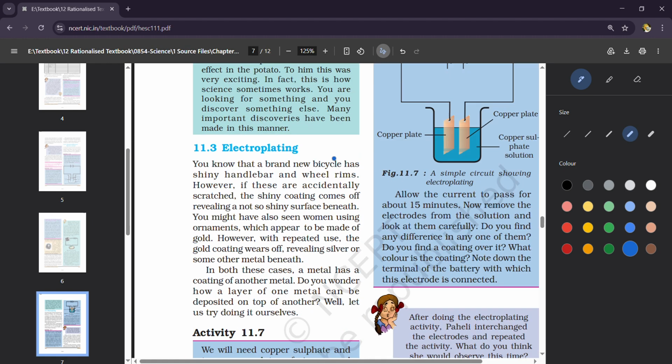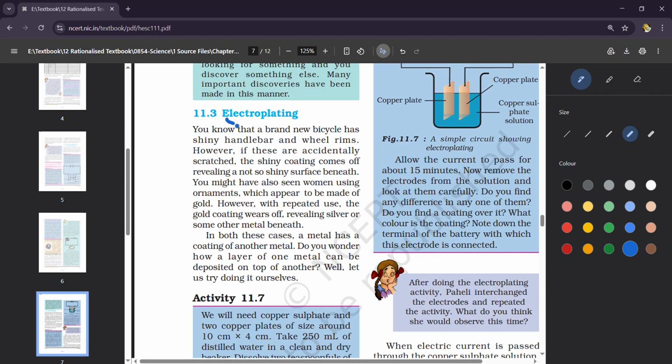Now, electroplating. This is the most important part of this chapter from an exam point of view. Before that, I will tell you something. If charge carriers are present, the current will flow, else the current will not flow.